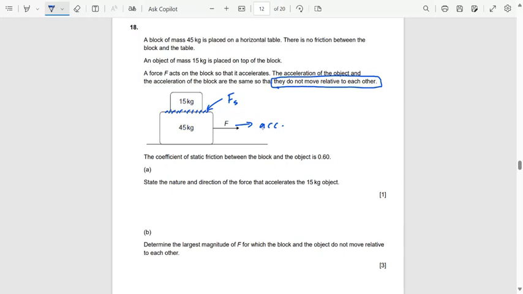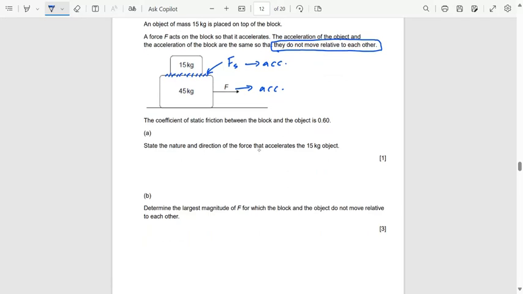The reason this one accelerates with it is because of the resultant force, which is the static friction. So the direction of the force that accelerates the 15 kilogram object is static friction to the right. Only static friction pushes the top block forward.